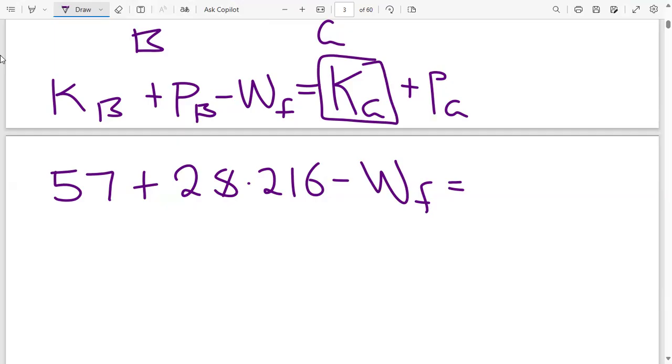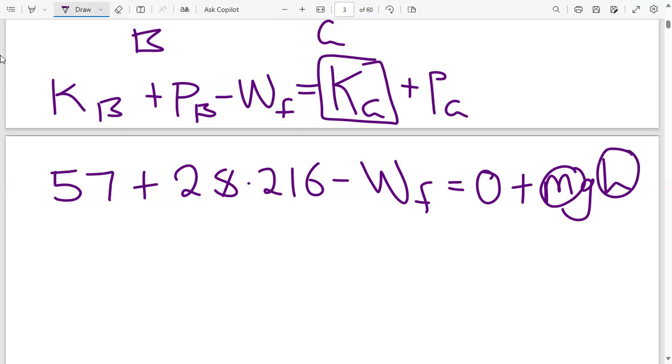So what am I going to have? I'm going to have 0 here plus the potential energy at point C, which will be equal to mass multiplied by gravity multiplied by h. So this mass here is the same as the mass that we have been using. It's constant everywhere. The gravity is the same, and the height is 7.